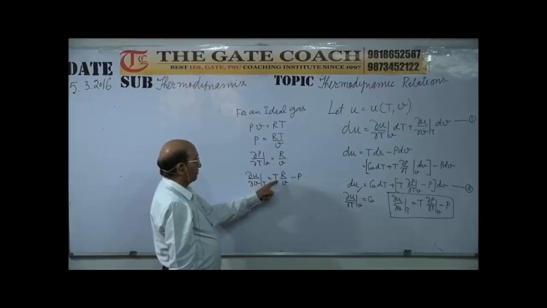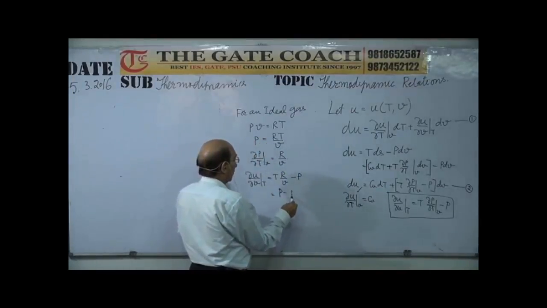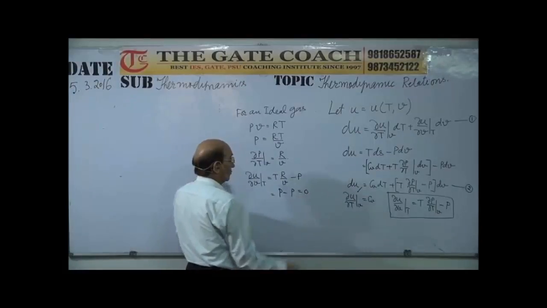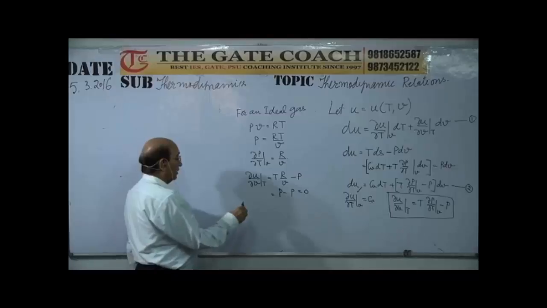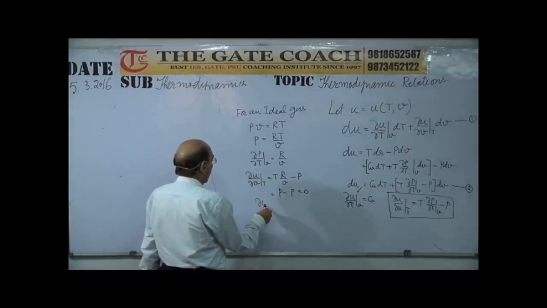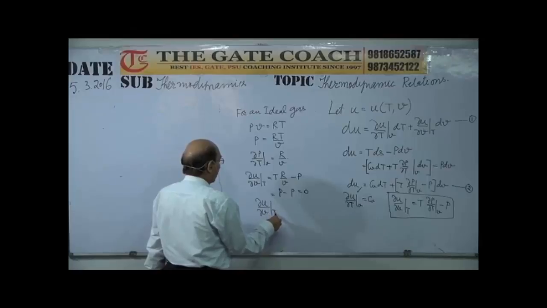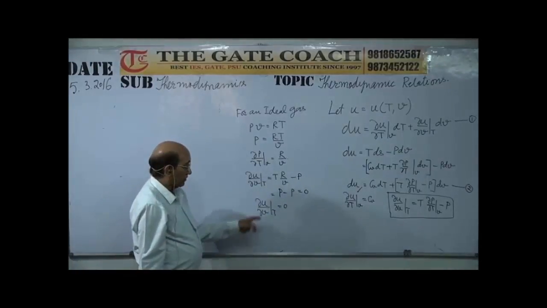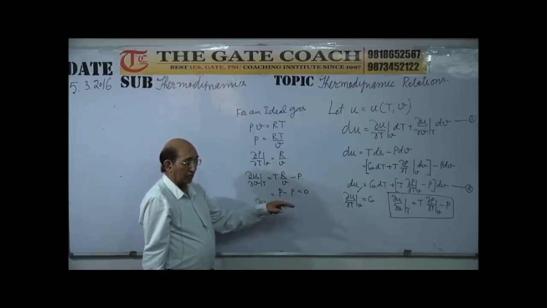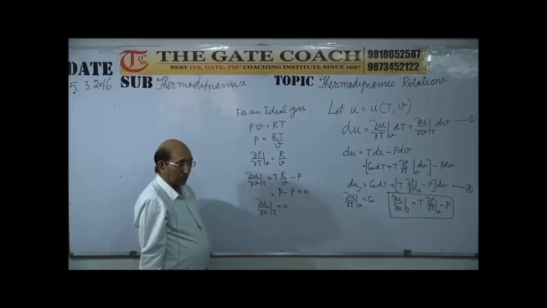What is RT upon V? P. That means when I say del U by del V at constant temperature is 0, that means on this side there was no term like V, that when we differentiated it has become 0.